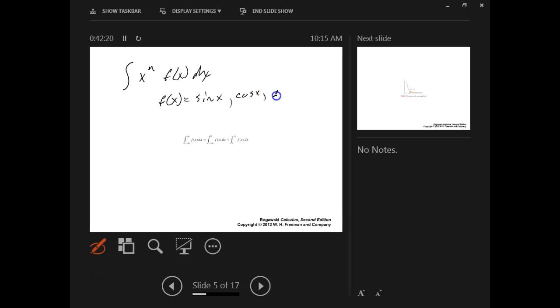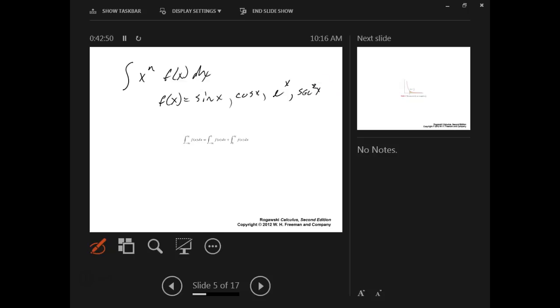e to the x is a great one. They show hyperbolic sines and hyperbolic cosines. Just use the e's, okay? Or you can use those if you want to. Secant squared x will work okay, because that becomes a tangent x.